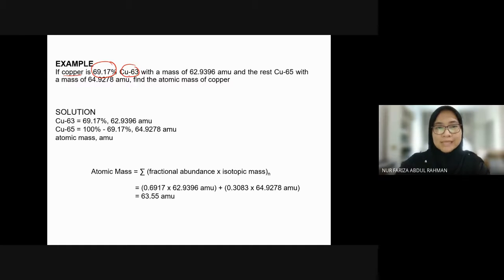The mass of copper 63 is 62.9396. And then for copper 65, the mass is given as this. Find the atomic mass of copper. By the words atomic mass of copper, it means you have to find out the average atomic mass of copper.